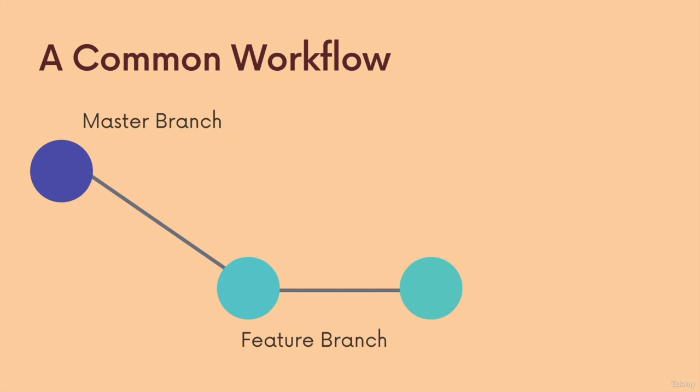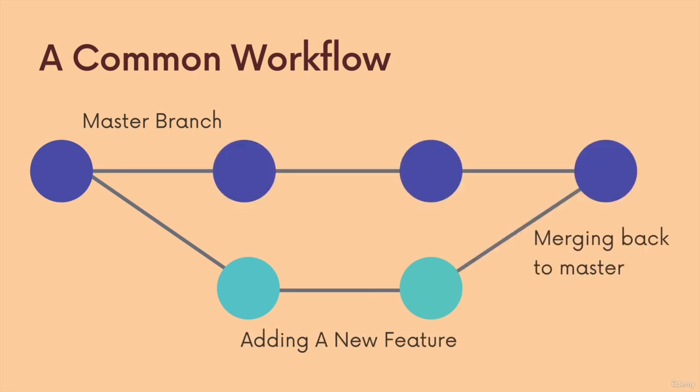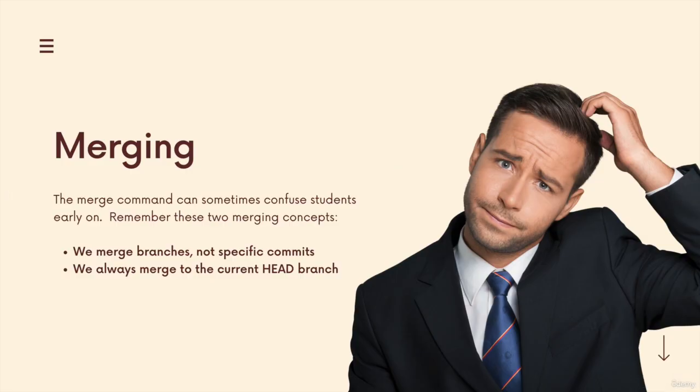So people work on a feature branch, and then that work can be incorporated back into the master branch if it's deemed appropriate. It's solid and it's gone through some different checks and people like it, they can merge it back into master. But the work itself is done on a feature branch. So everybody at X company works on their own feature branch for each feature and then potentially merges them back into master.